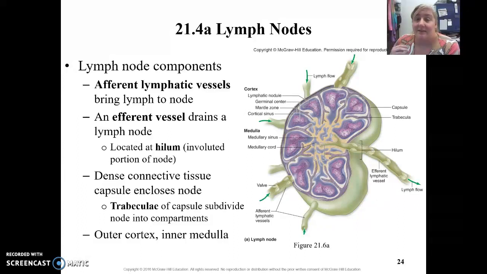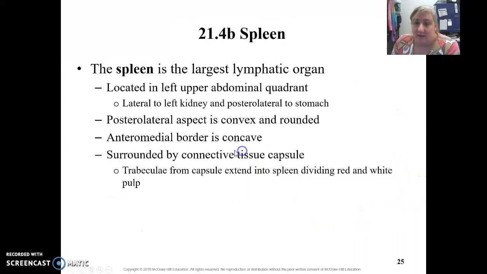And this is what causes that swelling and the pain that's associated with feeling sick and having those swelled lymph nodes. And then the fluid runs back out through this one efferent vessel.